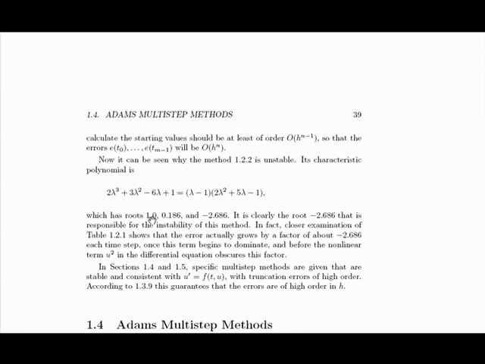One root is 1, as it always will be. Another is 0.186, and the other is minus 2.686, which is the cause of the instability. One root is bigger than 1 in absolute value. It's unstable. In fact, if you looked at the numerical results, you might have noticed that the error was increasing by a factor of about minus 2.7 every step. So we saw the exponential growth in the error.